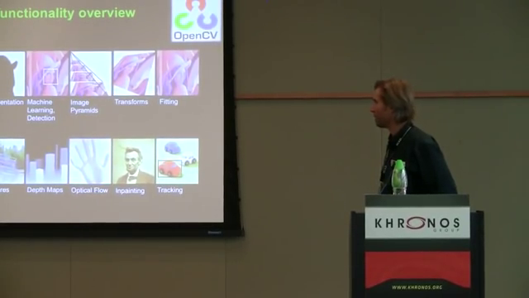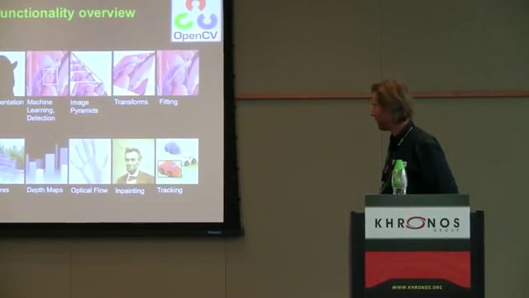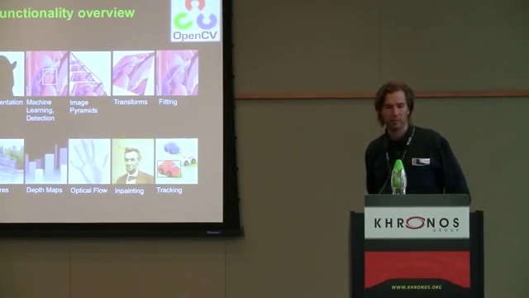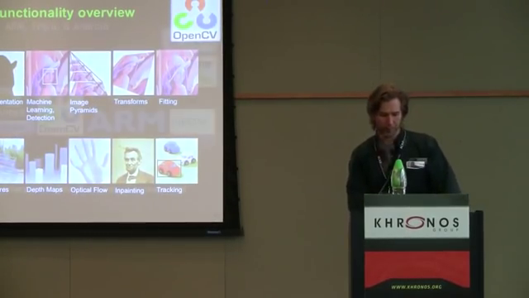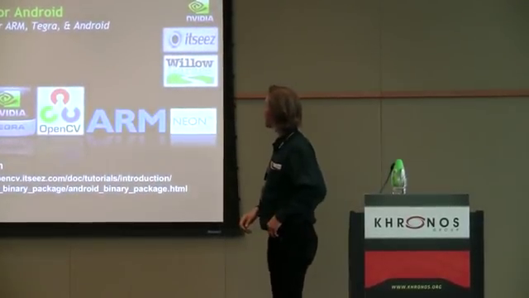So there's lots of general image processing stuff, transformations, and there's 3D vision support, there's tracking, there's depth maps, there's machine learning, and linear algebra. It's available for Android, as I said.